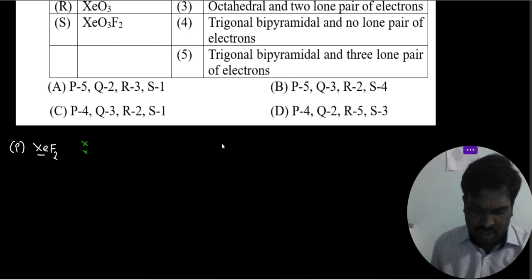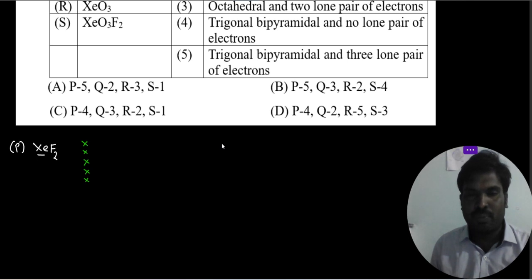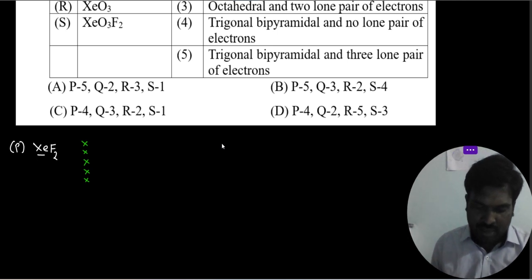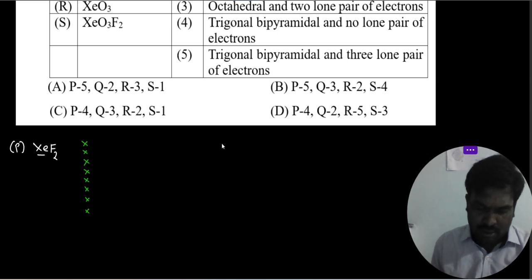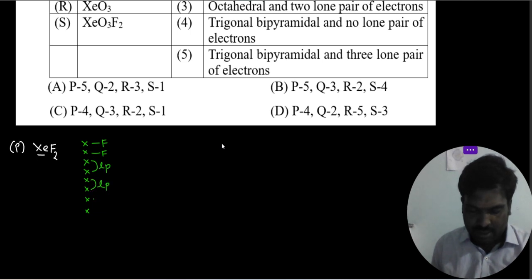Xenon has 8 valence electrons, because it is a group 18 element. Xenon is bonding with 2 fluorine atoms, and fluorine is always monovalent, so 2 single bonds, 2 electrons required. The remaining electrons are lone pairs.